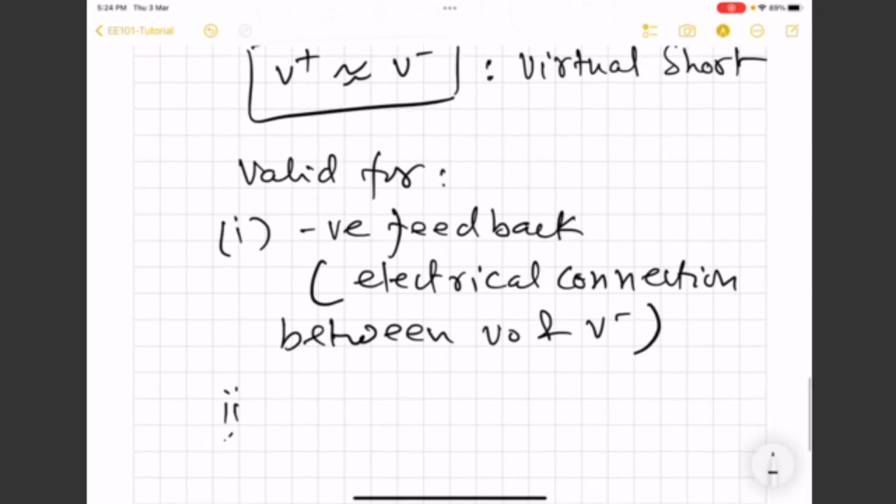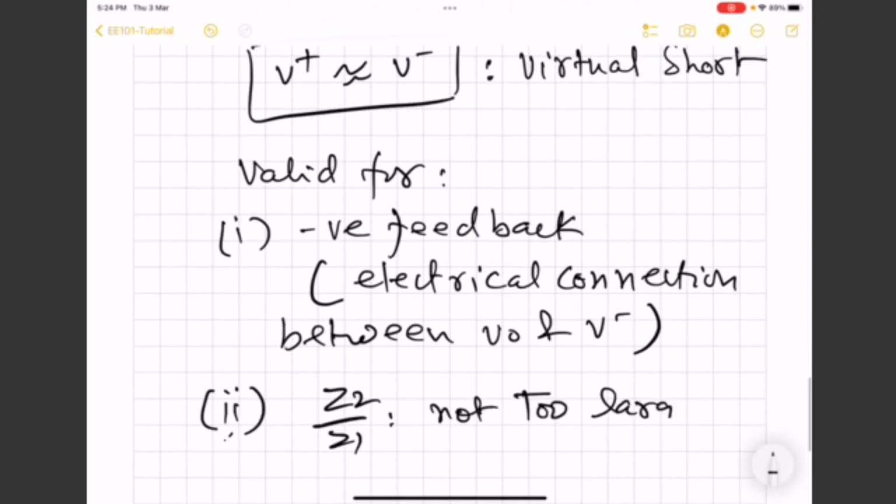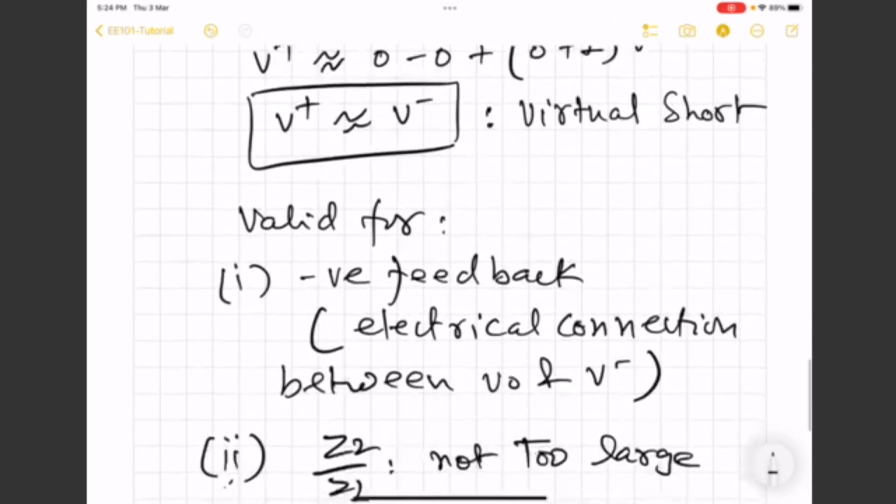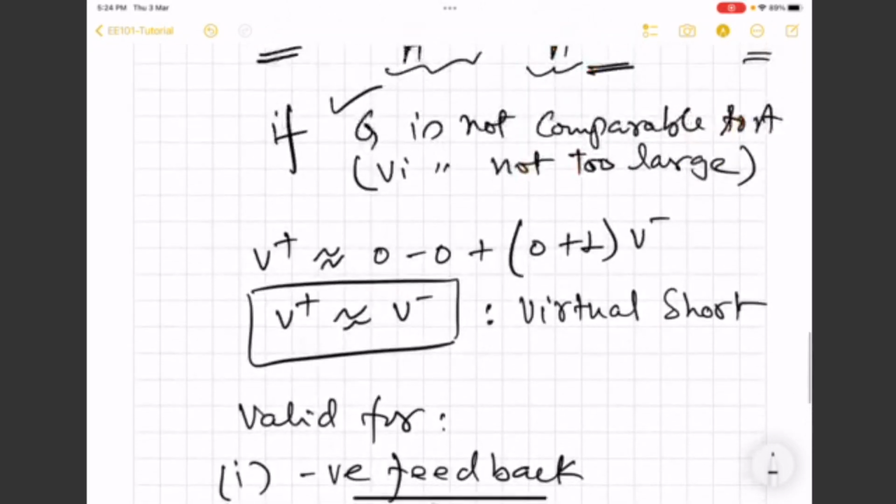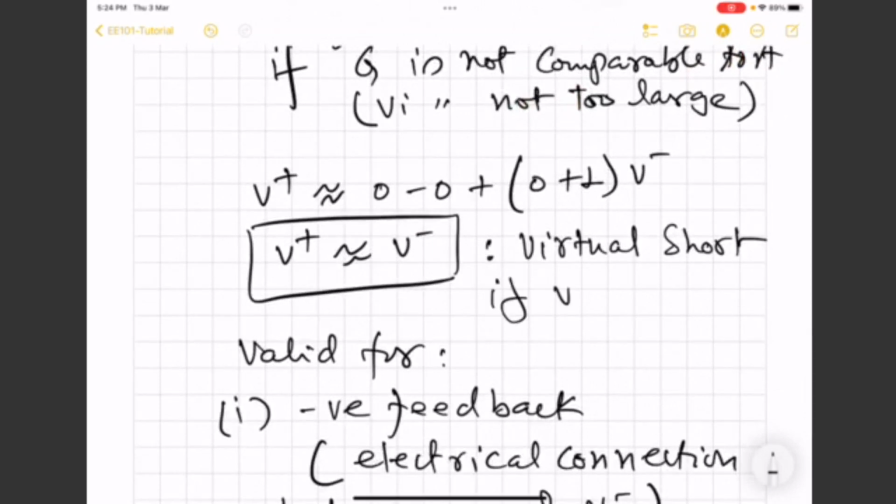And this Z2 by Z1 should not be too large. So this also should be satisfied. Then we can have virtual short, and if V plus is already equal to 0 in the circuit, then we have V minus approximately equal to 0. This is virtual ground.